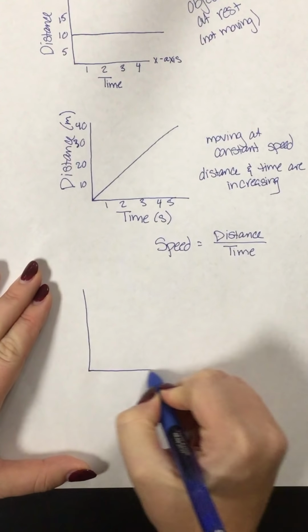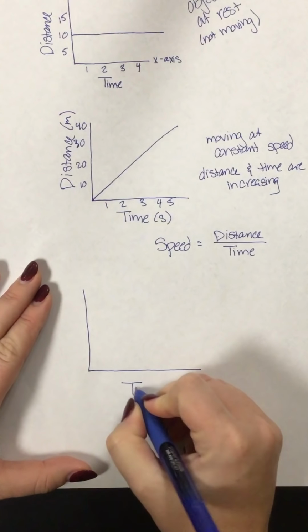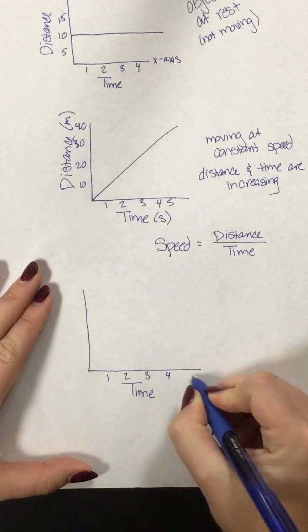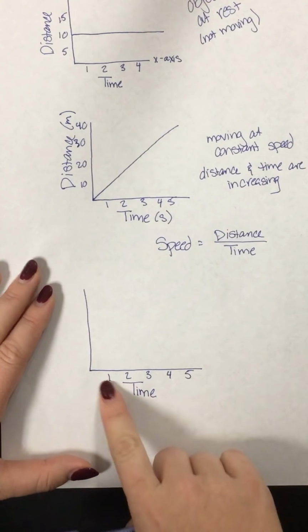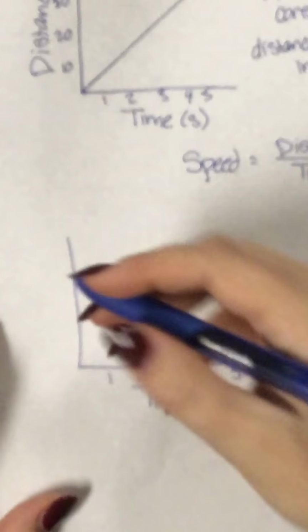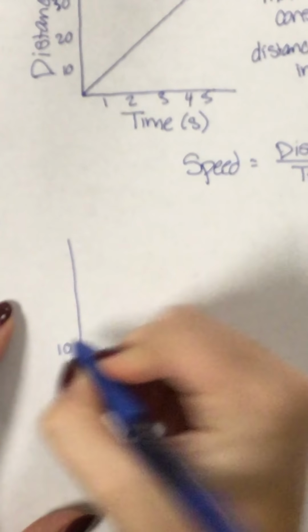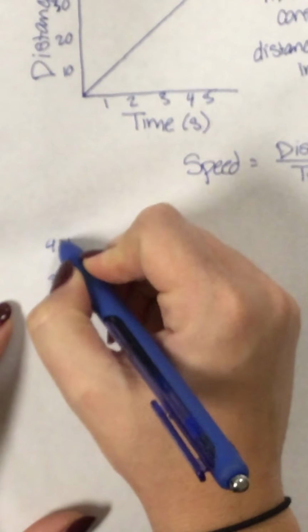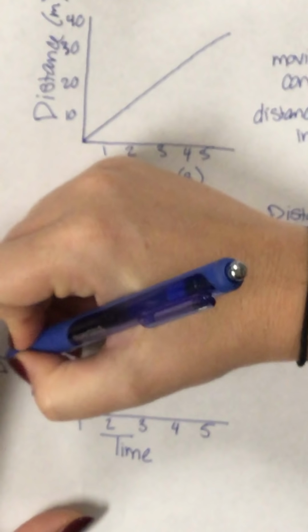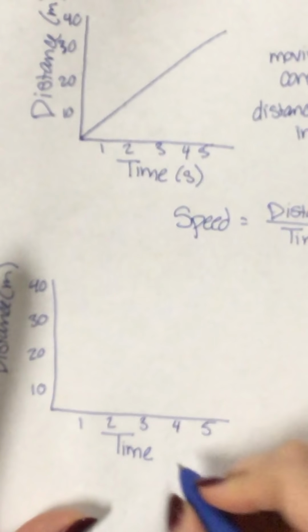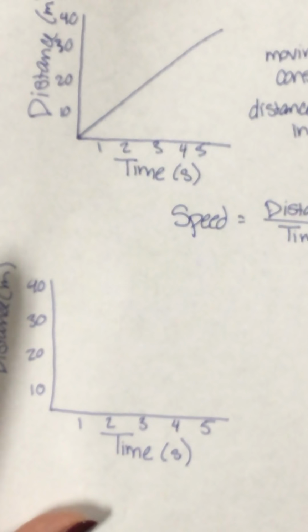On this next one, we're going to compare two different objects. We'll do our time again, 1, 2, 3, 4, 5. I know I keep using these as an example. I'm just giving ourselves some placeholders. You could measure time in a bunch of different ways. Remember that our y-axis is distance and our x-axis is time.